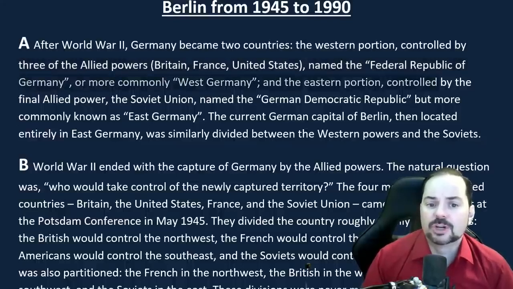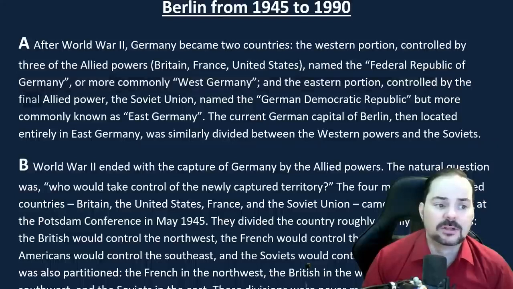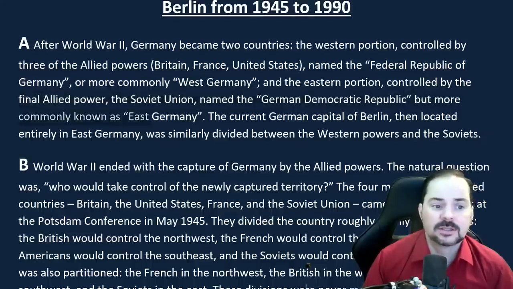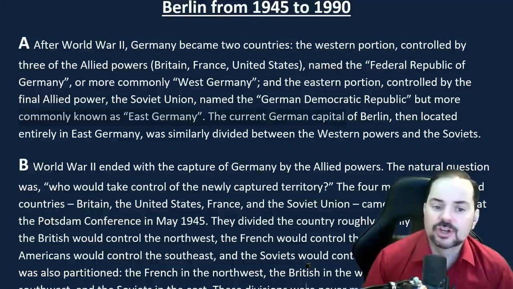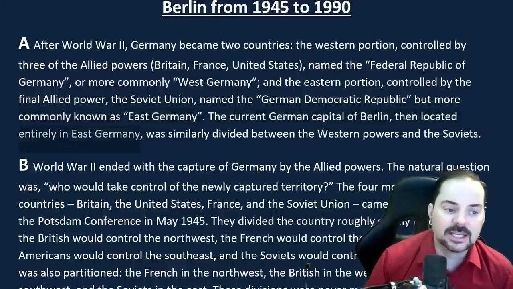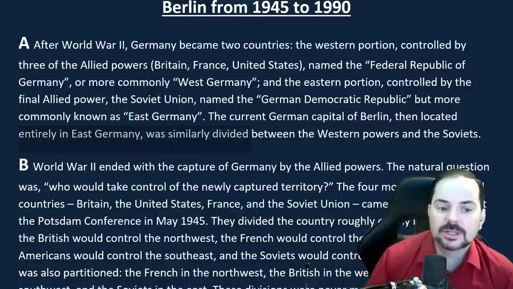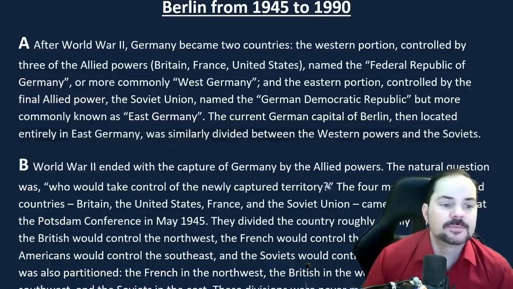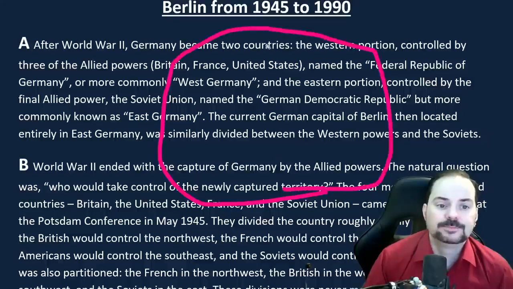And the eastern portion, controlled by the final Allied power, the Soviet Union, named the German Democratic Republic, but more commonly known as East Germany. The current German capital of Berlin, then located entirely in East Germany, was similarly divided between the Western powers and the Soviets.